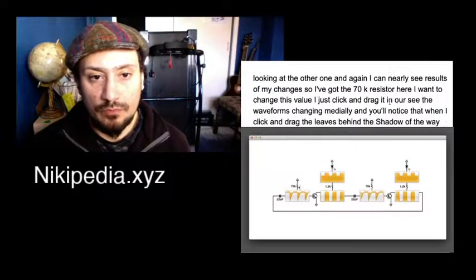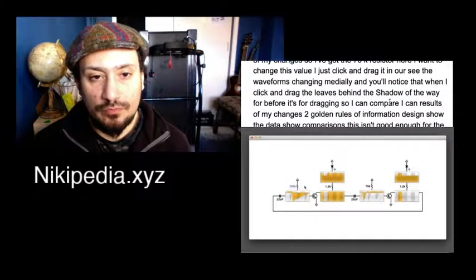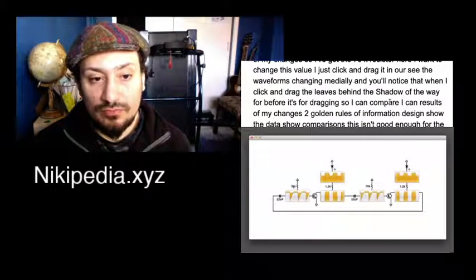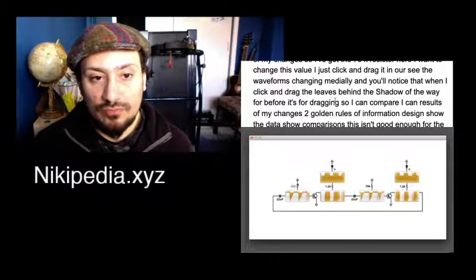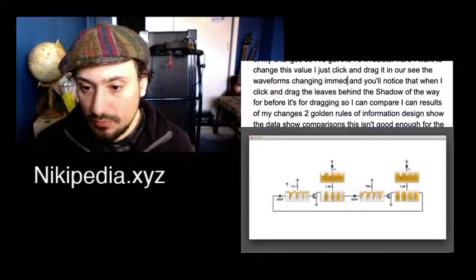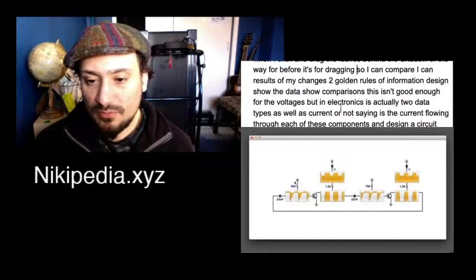So I've got the 70K resistor here. I want to change its value. I just click and drag it. And now I see the waveforms changing immediately. And you'll notice that when I click and drag, it leaves behind the shadow of the waveform before I started dragging. So I can compare. I can immediately see the results of my changes.